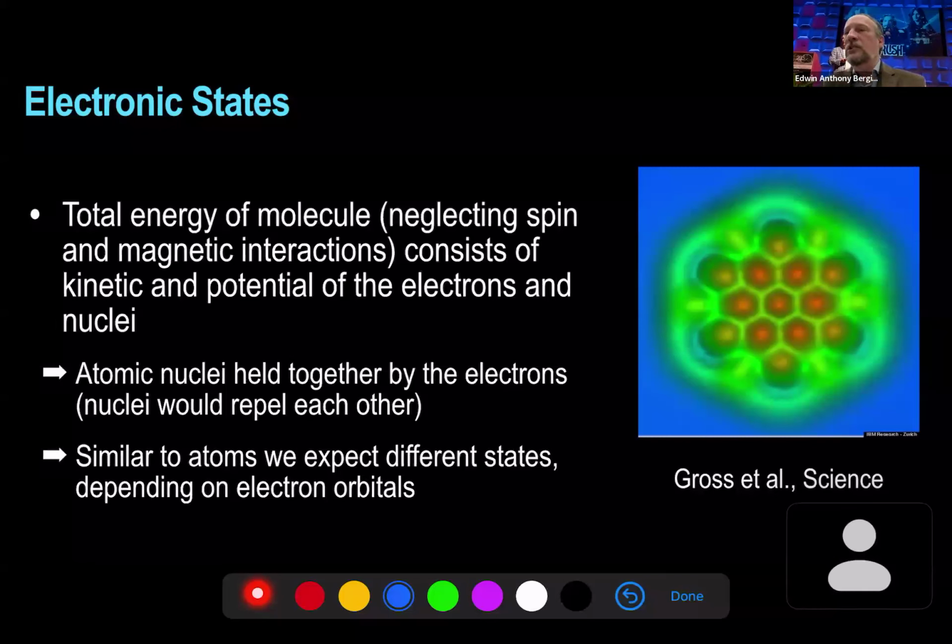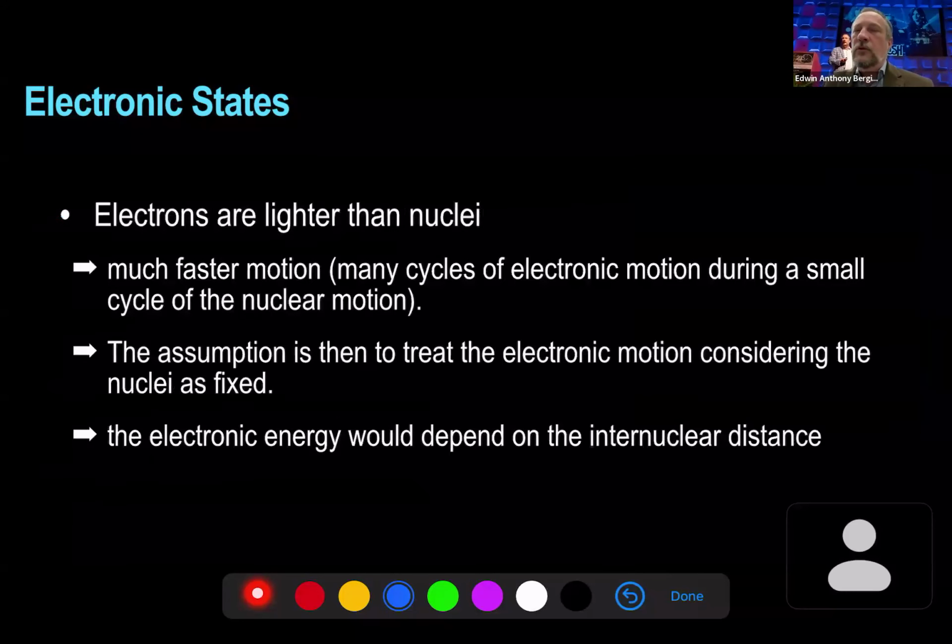That picture there is showing, and I thought that was so cool, where they actually took a picture of the electron cloud in this one particular molecule. And so the total energy of the molecule consists of the kinetic and potential energy of both the electrons and the nuclei.